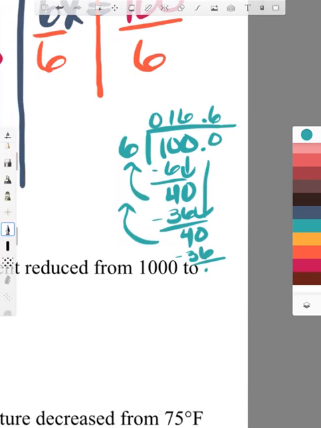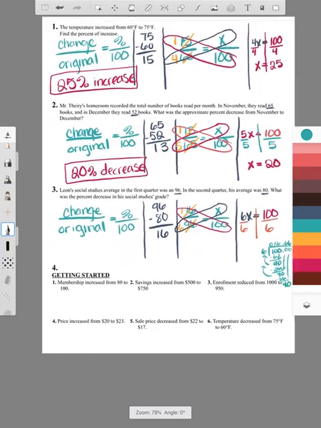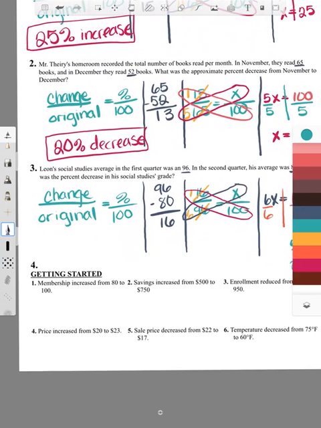And then it's just going to keep on keeping on. So we're going to say it's about a 16 and 67/100% decrease.